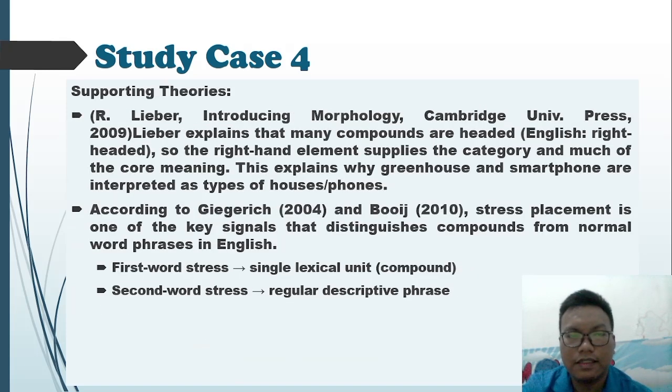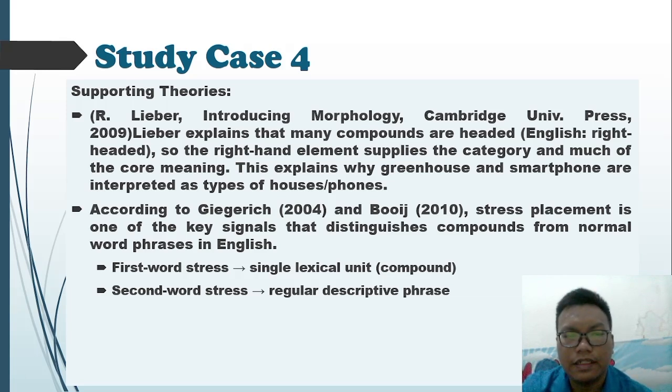So these are the supporting theories. Lieber, from 2009, explains that many compounds are headed, and English is right-headed. So the right-hand element supplies the category and much of the core meaning. This explains why greenhouse and smartphone are interpreted as types of house or phone.